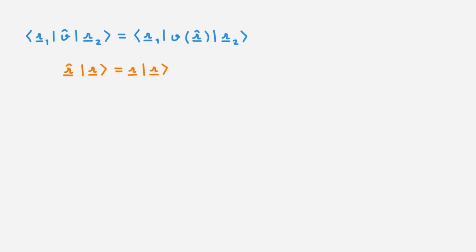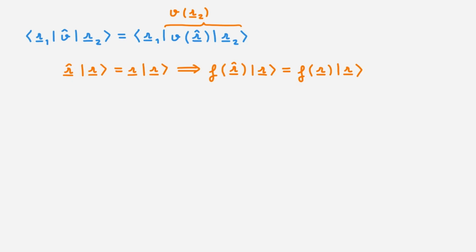From the video on functions of operators, we know that the action of a function f of the operator r on a position eigenstate is just the function evaluated at the eigenvalue times the eigenstate. Using this result, we can rewrite this term as v of R2 times the ket R2. And we end up with this expression.